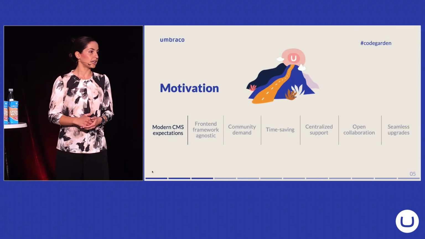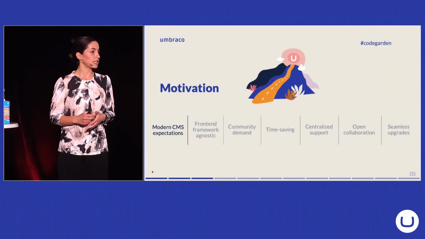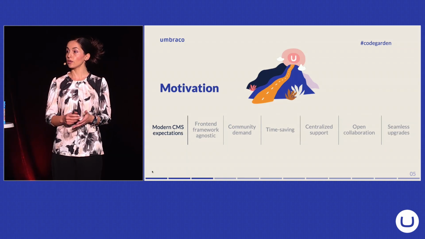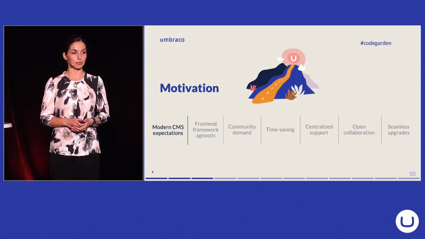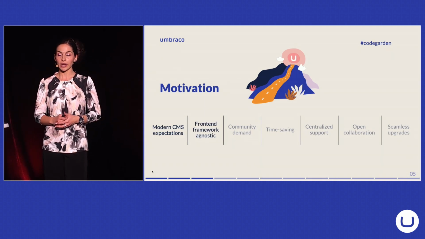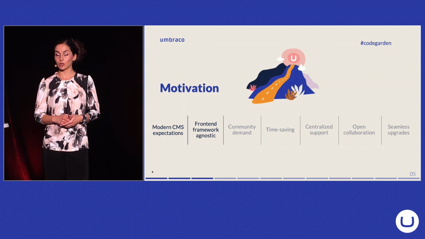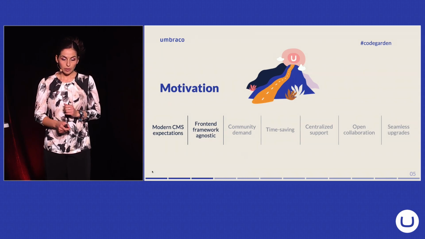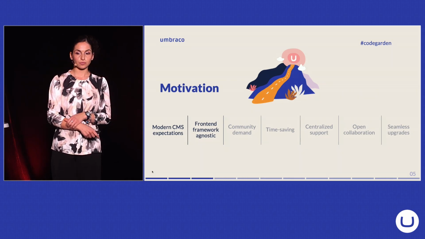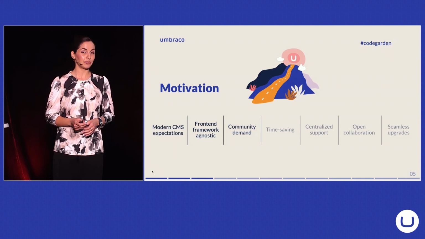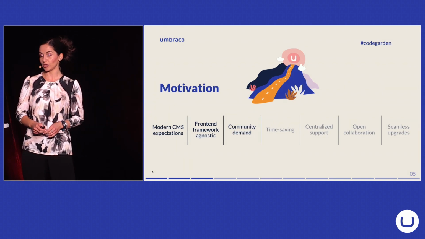The motivation behind developing the delivery API is based on our recognition that most modern CMSs are expected to include such functionality. By having a delivery layer that doesn't require you to write Razor, we are making it accessible to a wider range of developers who want to create websites without using C#. Plus, this functionality has been highly requested and built in many different ways within the community.